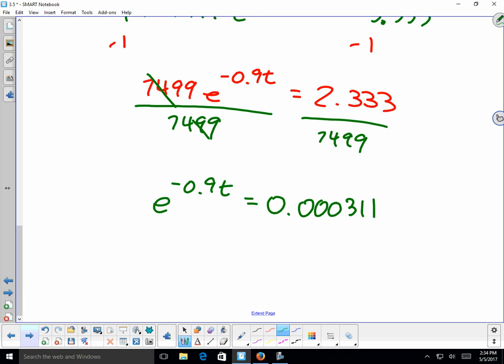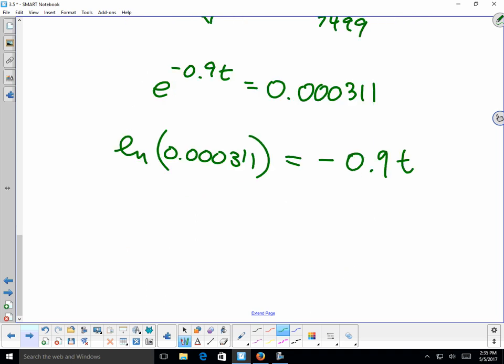Okay, and so at this point now we'll rewrite it in log form, right? So we'll write log to the base e, or you could just write ln of 0.000311 equaling negative 0.9t. Do we agree with that? Yes.